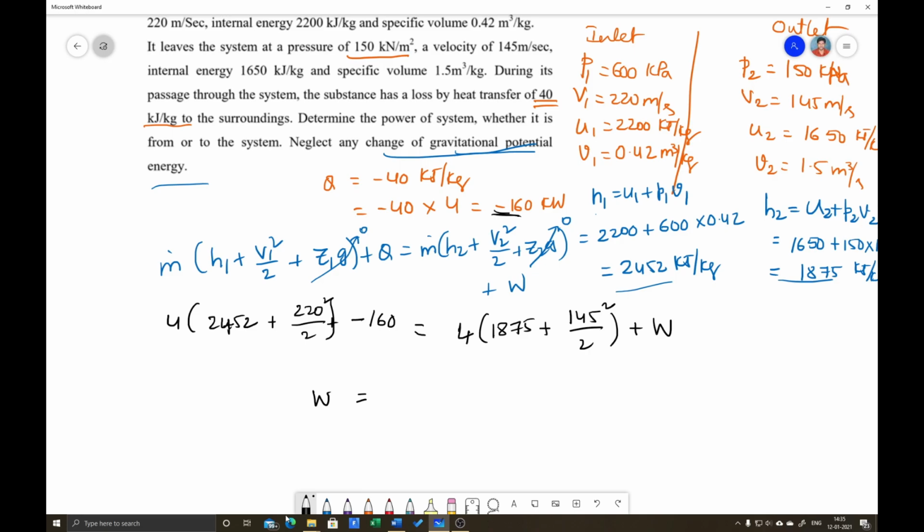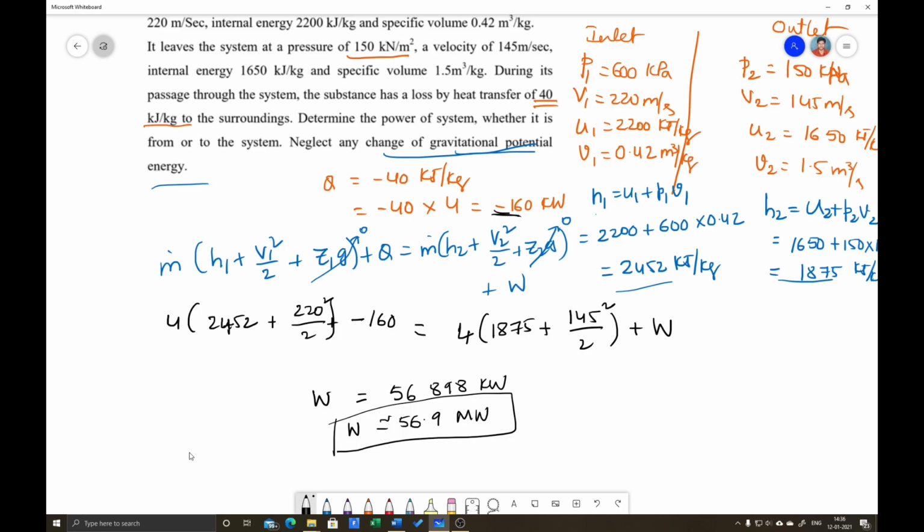After calculating this, we are getting it as 56,898 kilowatts, or approximately 56.9 megawatts. This is the work output from this device.